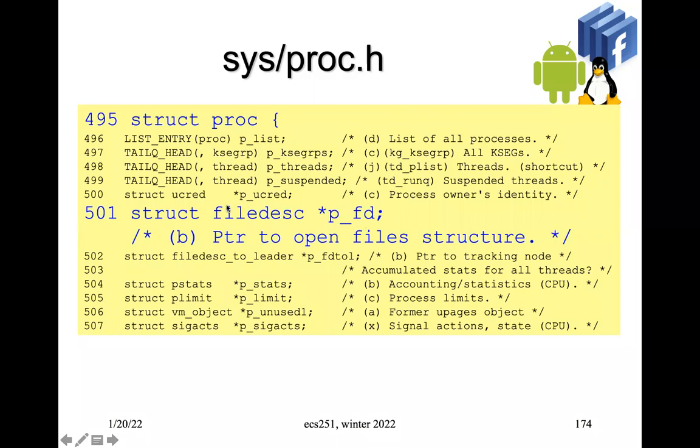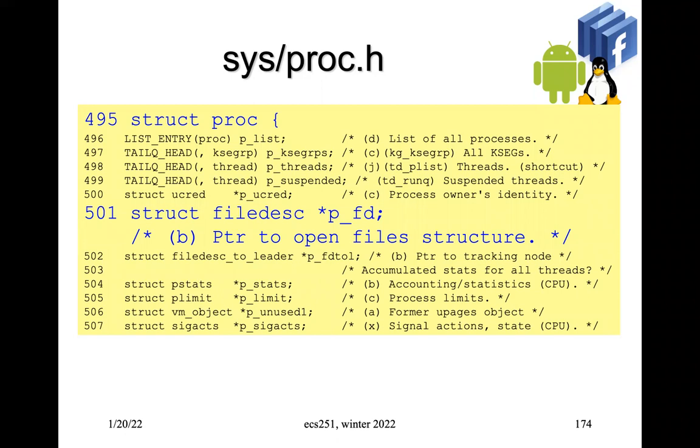What we're going to talk about is one of the data structures in line 501, which is called file descriptor. Essentially, the file descriptor represents all the files that this particular application has access to. When this application decides to open a few files and try to access them, you're going to have this file descriptor there.